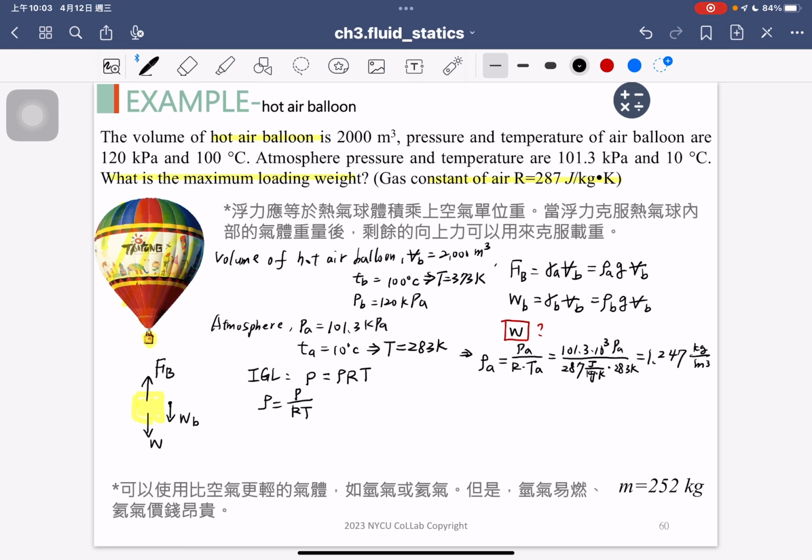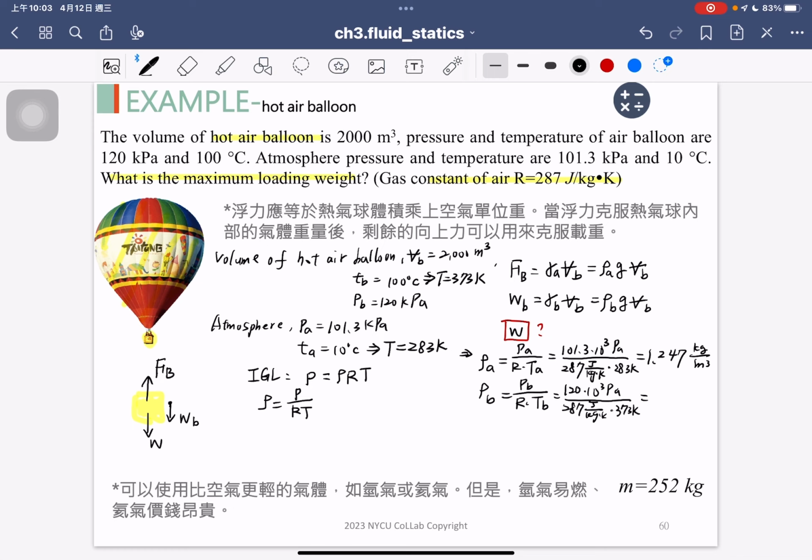And again, we can follow the similar idea to compute the balloon air density. So rho B is the pressure PB divided by the gas constant multiplied by the absolute temperature of the balloon. Right now the pressure is 120.3 kPa, again divided by the same gas constant, Joule per kilogram Kelvin, and the absolute temperature right now is 373 Kelvin.